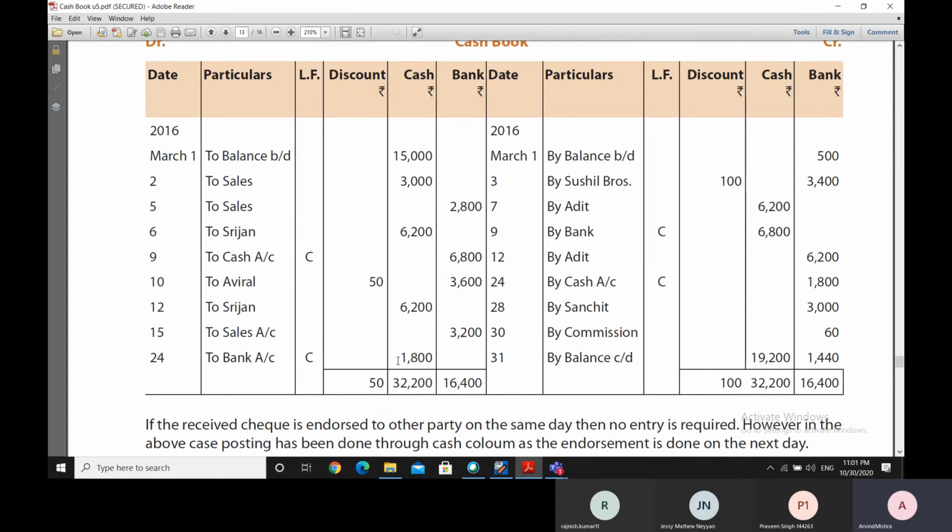So a contra entry will be required there. So 1,800 rupees here and 1,800 rupees here. This 1,800 rupees is the receipt of cash, and this 1,800 rupees here is the payment of 1,800 rupees from the bank account.